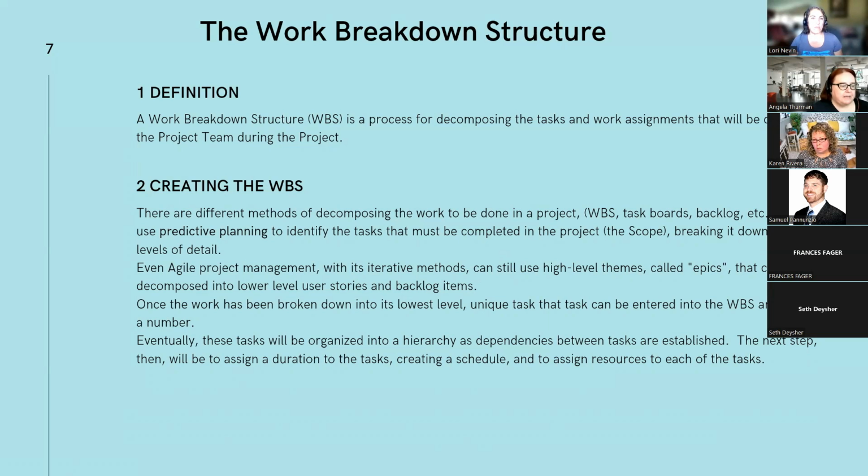So there are many different methods to do this, and this is something that you could Google. So the WBS is a hierarchy form. You could also use task boards, a backlog, but they all use predictive planning to identify the tasks that must be completed by the project, which is, of course, the scope of the project, and then breaking these down into the lower level details.